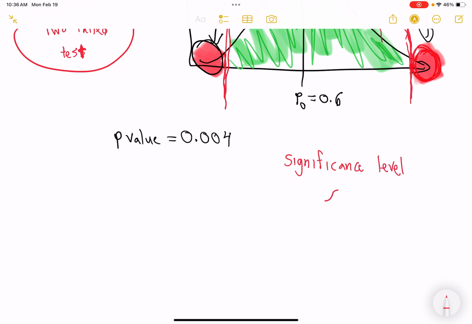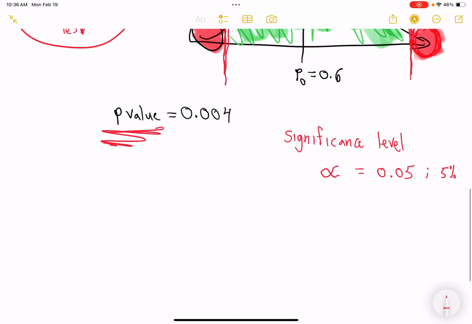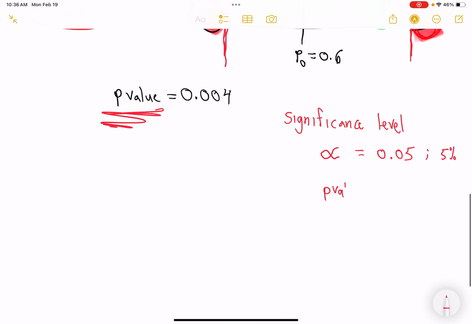Also known as an alpha, the significance level. Normally that significance level will equal 0.05, aka 5%. And what that means is that if my p-value, and this is important, is less than or equal to 0.05, so if it's 0.05 or smaller, 0.03, 0.01, 0.001, then we reject the null hypothesis.